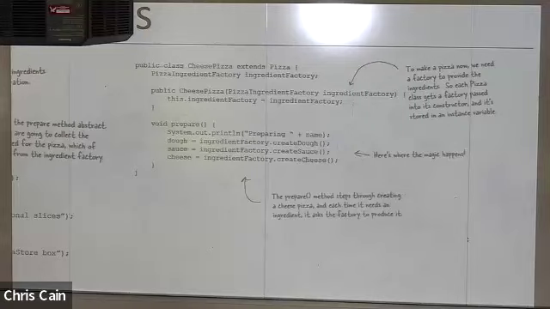And then we would create the New York style dough. Again, we're using polymorphism here to know which type of ingredient factory we have. We don't know it within the scope of this from the superclass's perspective, but as soon as we are trying to make a cheese pizza, we will look at the ingredient factory and say, if you are a New York style ingredient factory, we will prepare this cheese pizza in the New York style.